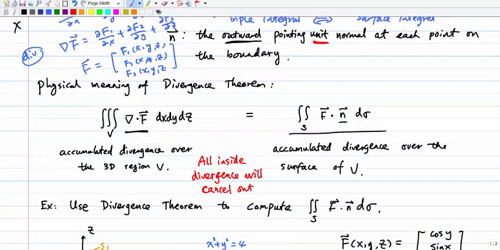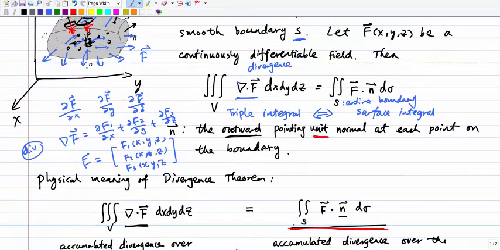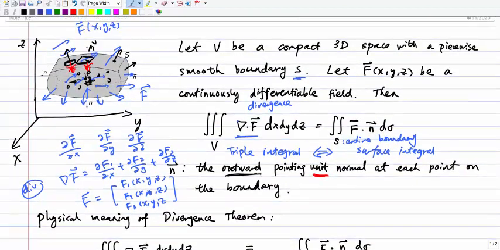Now I'm going to show you one example of how we use the divergence theorem to simplify the computations. A lot of times we're doing the opposite, because this one can be hard. If you want to compute the surface integral of this, you have to compute the surface at the top, bottom, left, right, front, and back.